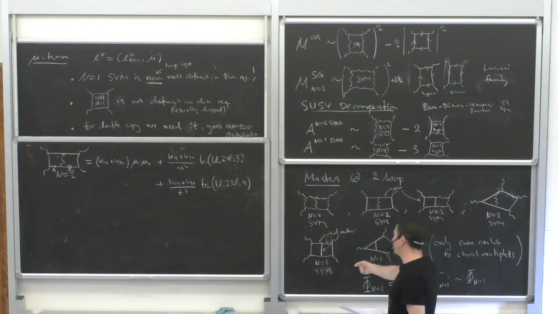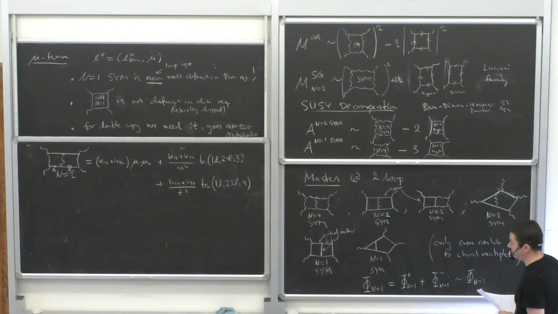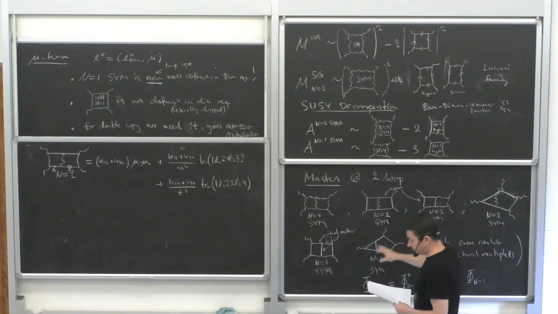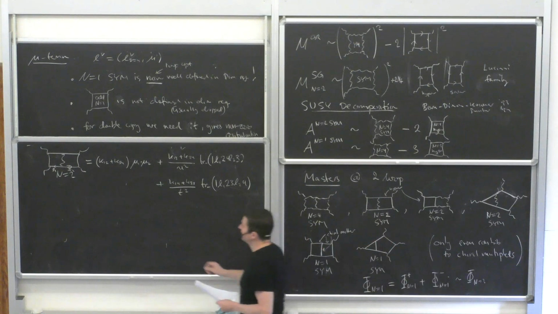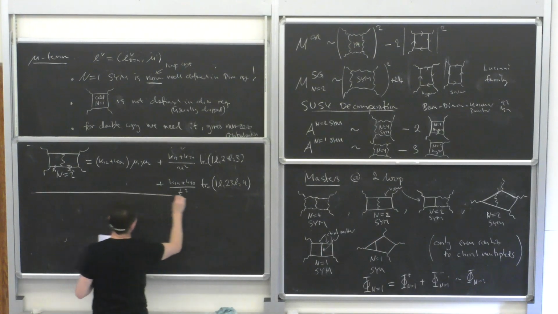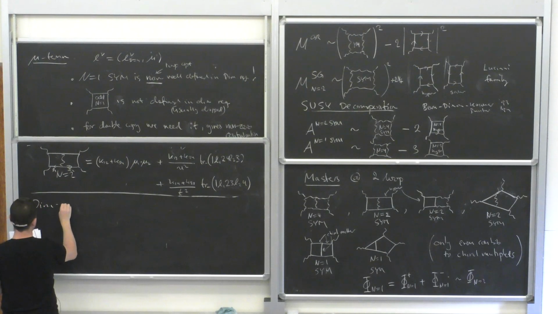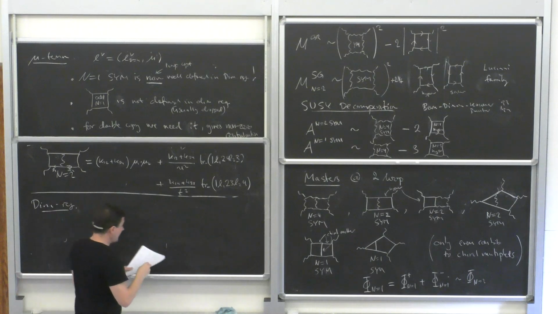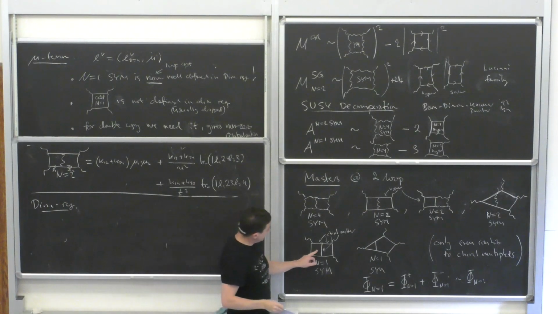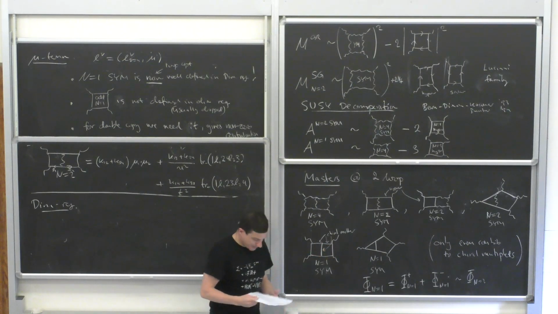All right, now let me focus on N equals 1. If we want to get N equals 1, we need to compute this one, and we want to do it in dimreg. So let me get back to dimreg. The amazing thing here is that we only need these graphs, but they actually involve no gluons in the loop. It only involves matter.